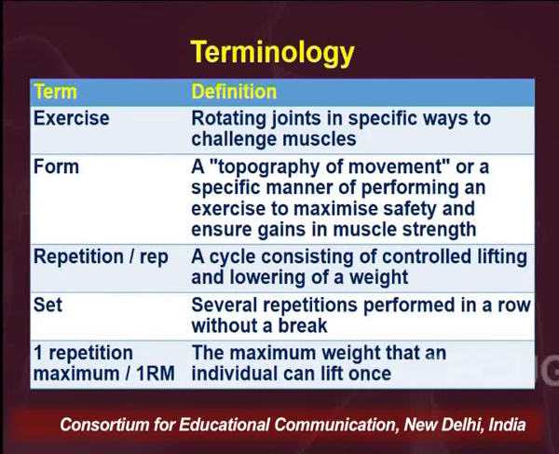Repetition or reps, a cycle consisting of controlled lifting and lowering of a weight. Then set, several repetitions performed in a row without a break. Then 1 rep max, the maximum weight that an individual can lift once.